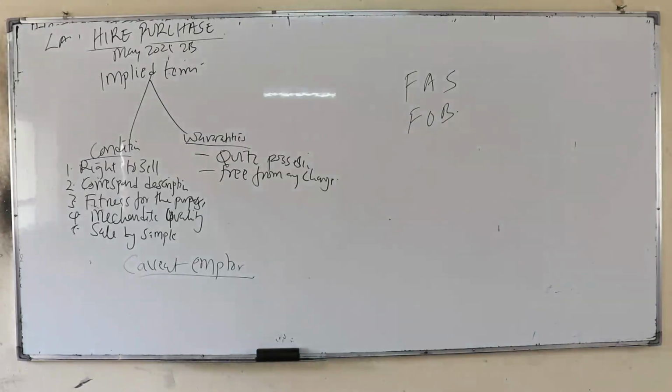So let us go on. Another question: you are told, Ken Jembe advertised the sale of his farm. He was approached by Peter Polea, who wanted to buy the farm. In the course of negotiating the price, Peter Polea asked Ken Jembe how many sheep could be reared on the farm.